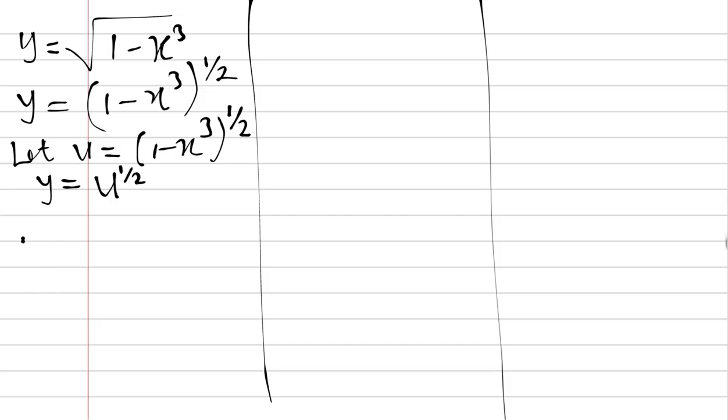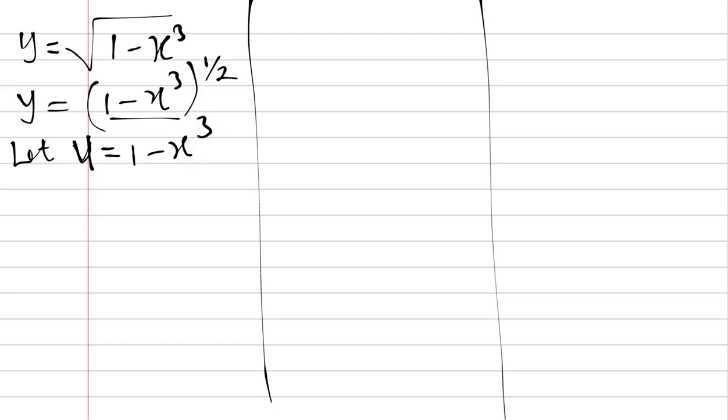I think I've made some errors there. Yes. All right. So now you know that you are representing your u. Your u is what? 1 minus x raised to power 3. Just that bracket, sorry, let's remove that bracket. So u is everything here. So that's 1 minus x raised to power 3. Are you seeing that now?